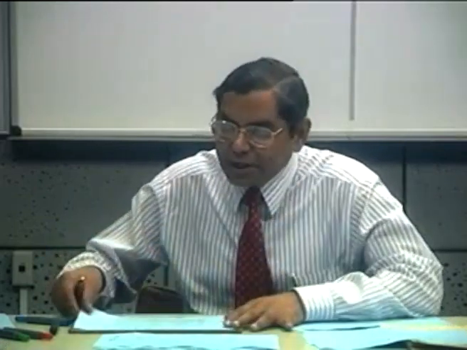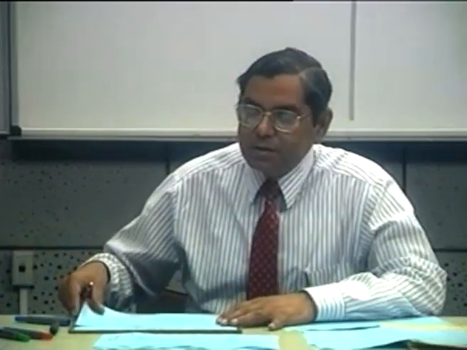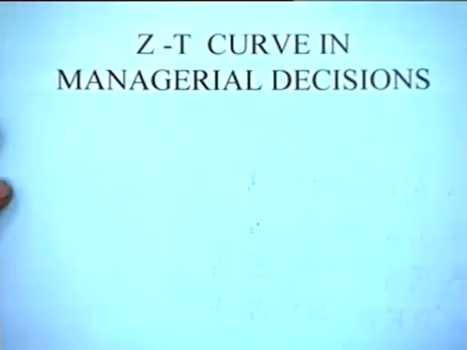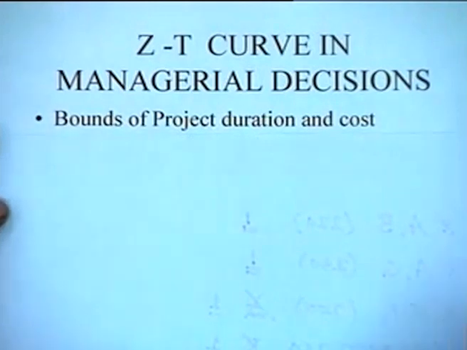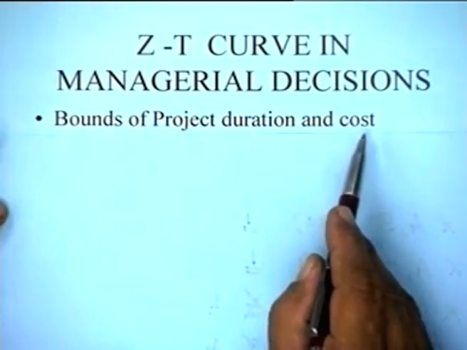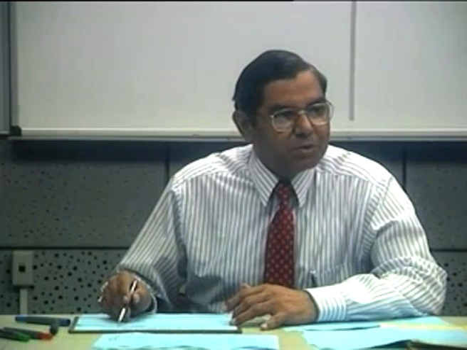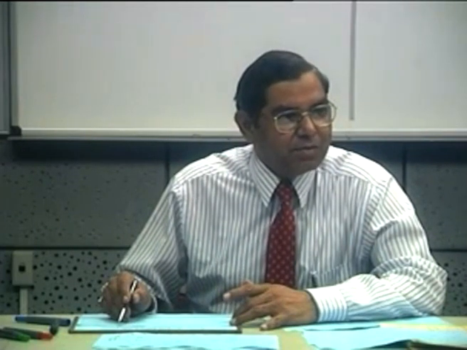How is the ZT function useful to the manager? The ZT function is useful for a variety of managerial decisions. For instance, it tells the manager what are the bounds on the project duration and the project cost. As you know, during the time we had the Asiad games here, the flyovers, which are normally constructed in India in about 3 years, were constructed in something like 1 year, or even less than that, 10 months.